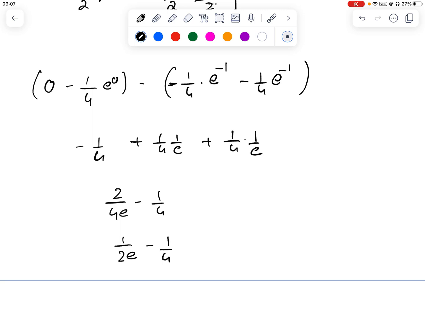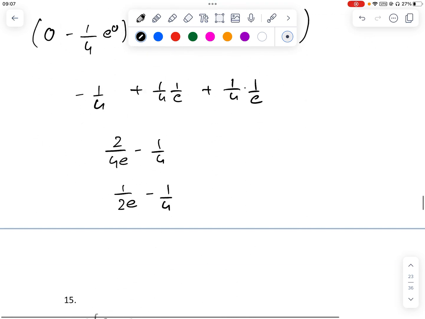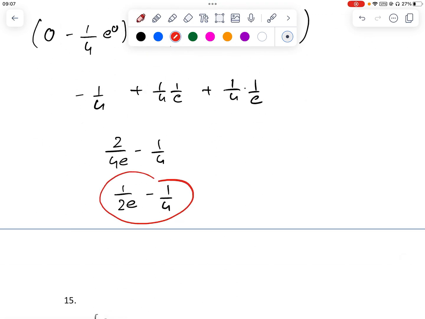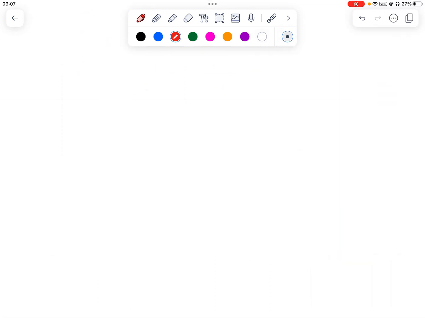This is A1, but A1 is in the negative region. Therefore, the total area is going to be the negative value of this one. So it's going to be 1 upon 4 minus 1 upon 2e. This is going to be the answer for A1. So let me write out A1 in a proper way because we want to get the answer accordingly.